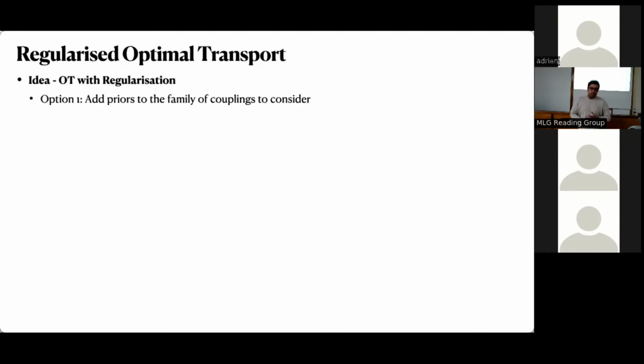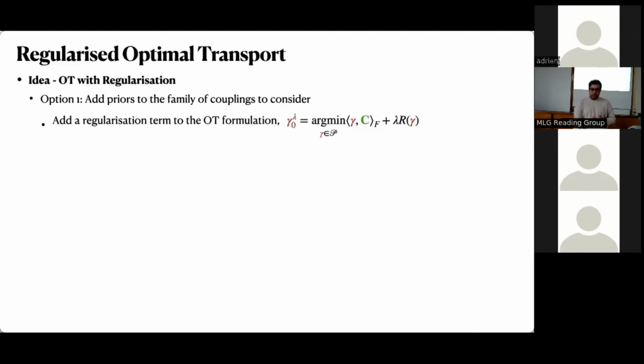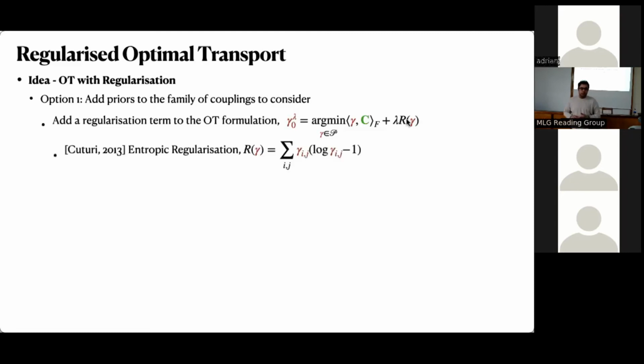So the first option is you could add a bunch of priors to the family of couplings that you're considering. You could say that you no longer want to consider just the exact coupling. You want to consider the coupling plus some wiggle room that's defined by some regularization term R over here. So Cuturi suggested in 2013 the idea of entropic regularization, where you minimize the optimal transport problem, but you also add the entropy of the coupling distribution, and the regularization term is that the entropy of this distribution needs to be high.